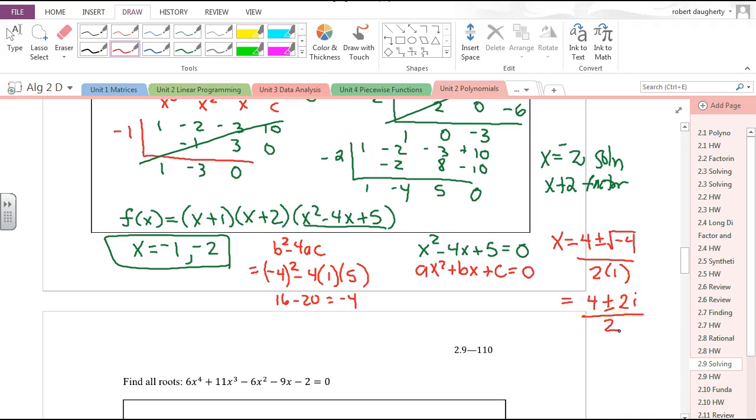So this is 2 plus or minus i. So my roots are negative 1, negative 2, and what? X equal 2 plus i and 2 minus i. Okay, so these are all the roots of this polynomial. It had 2 real roots and 2 complex roots.